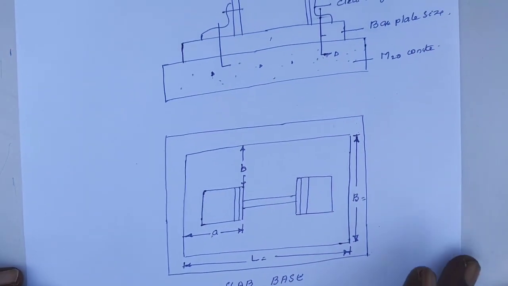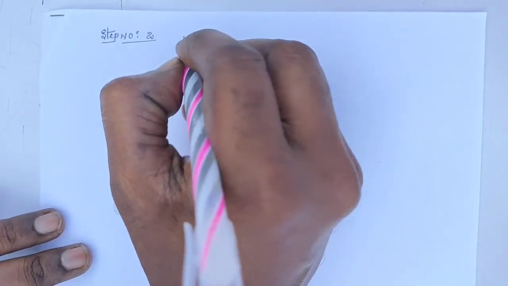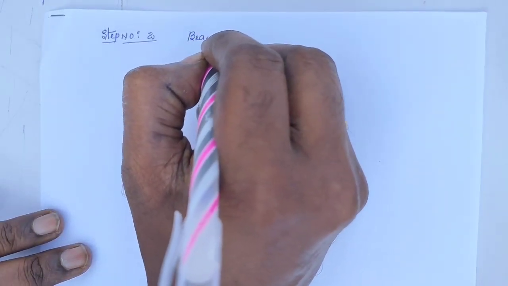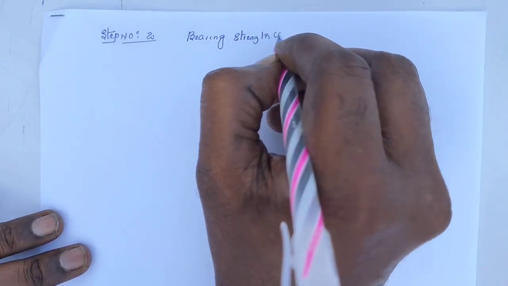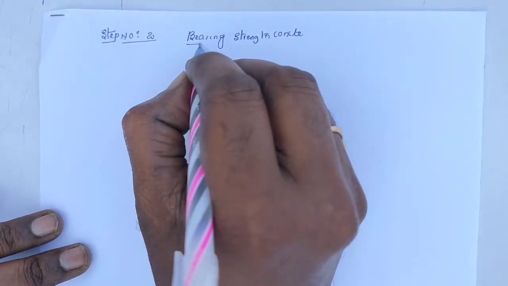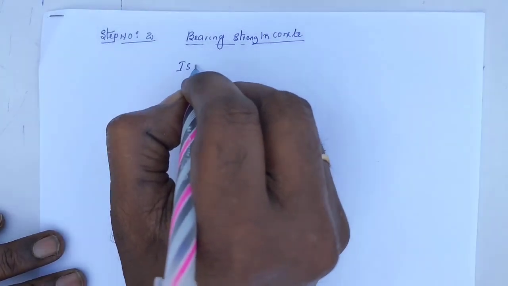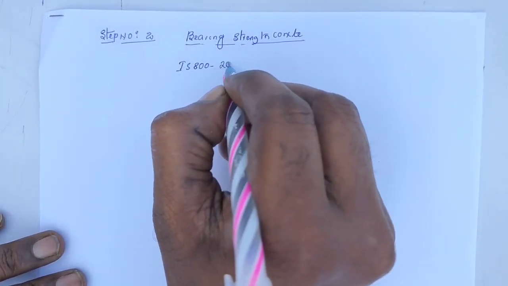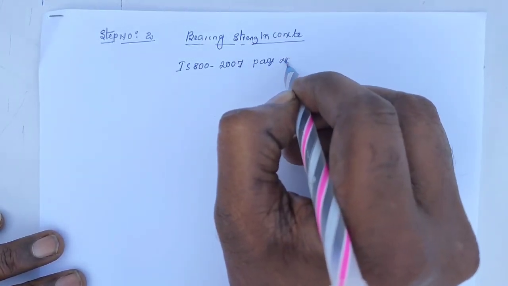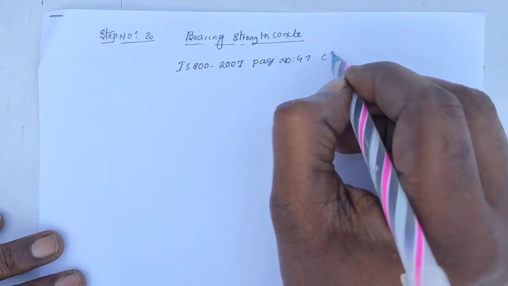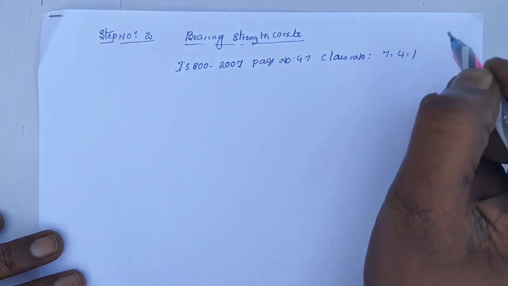Step number 2: first, bearing strength of concrete. The formula is from IS 800:2007, page number 47, clause number 7.4.1.